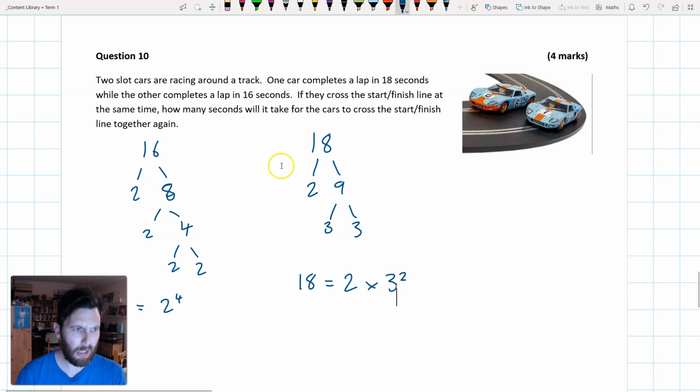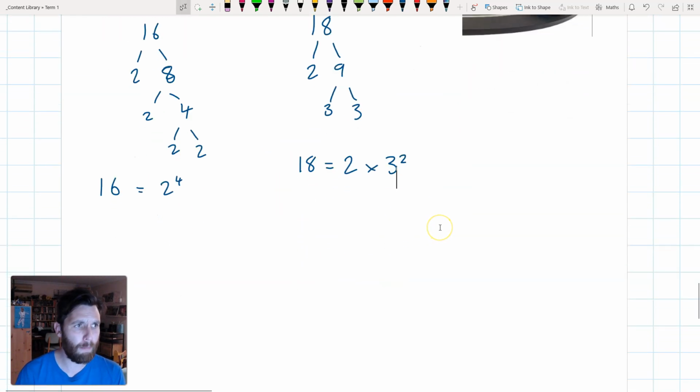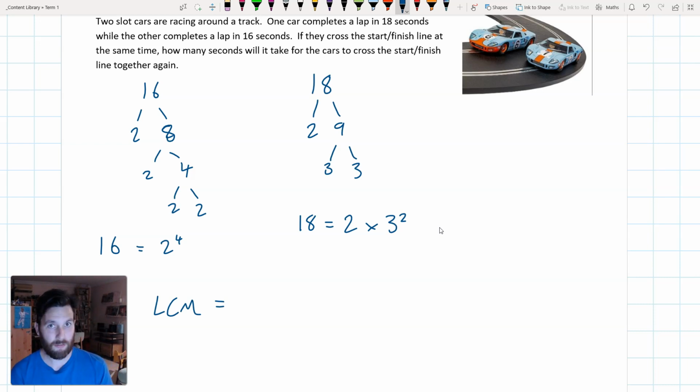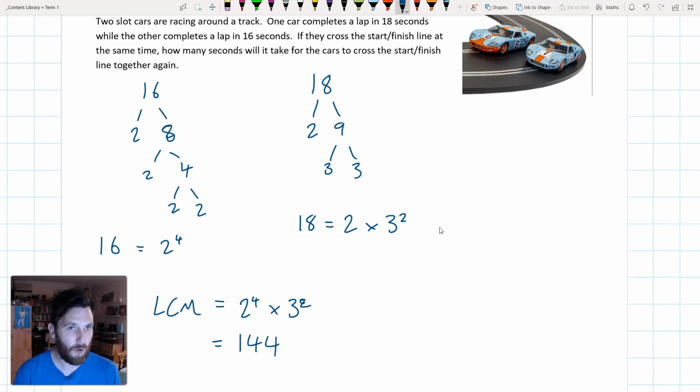Now, using what we did a moment ago, what we can do instead is say the lowest common multiple is going to be equal to looking for the highest power of 2, which is 2 to the power 4, and the highest power of 3, which is 3 to the power 2. So I'm essentially doing 16 times 9 for this one, which is going to be 144.